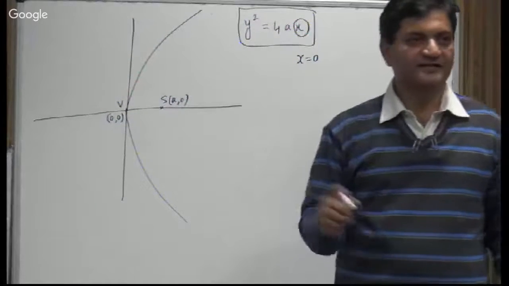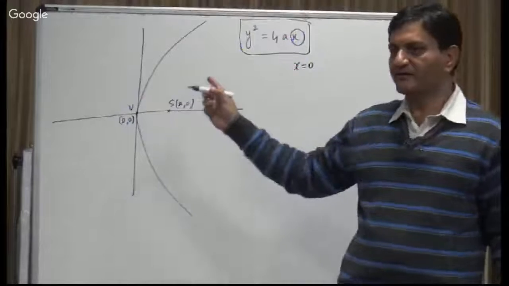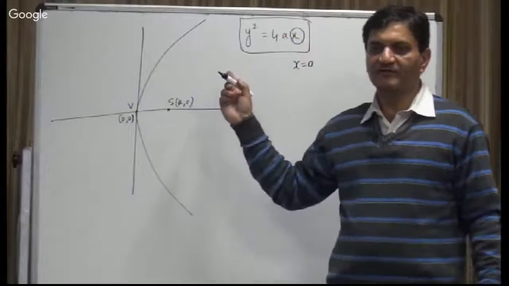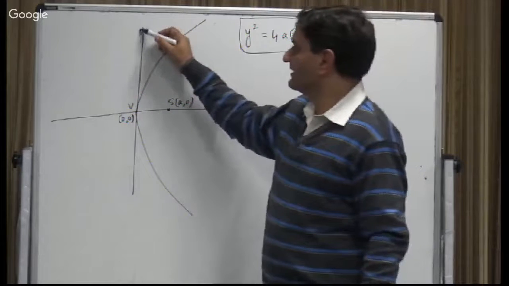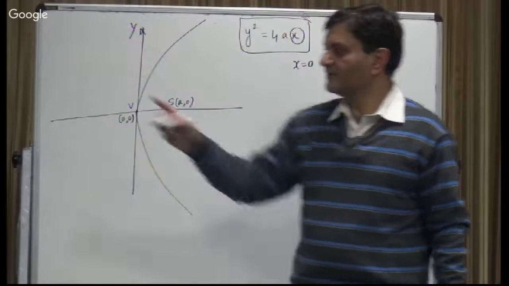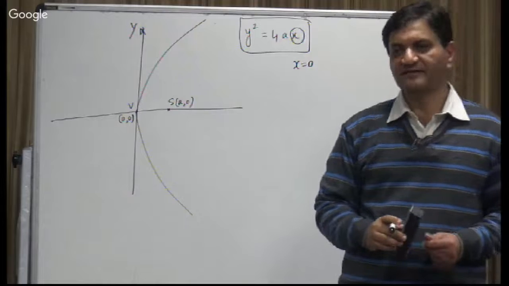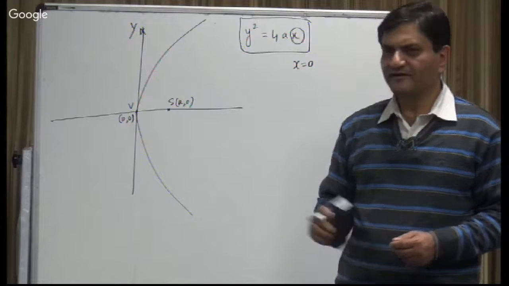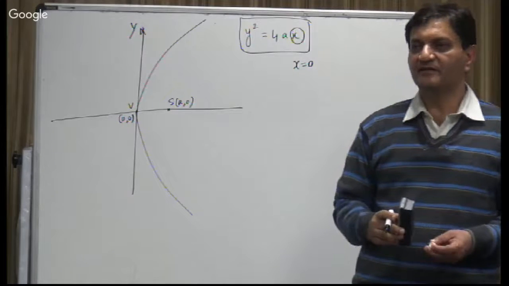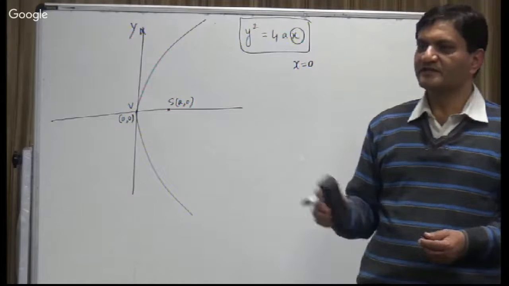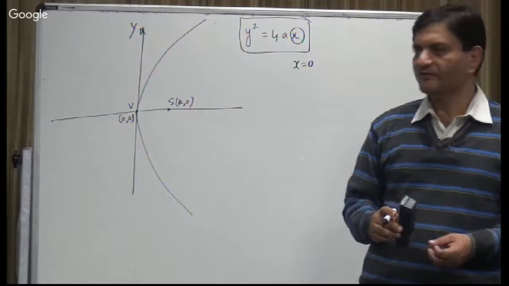The y-axis. So x equal to 0 is the equation of the tangent, which is the y-axis in this case. And it is a universal formula you can apply for any curve: to find tangents at the origin, just equate the lowest degree terms to 0.